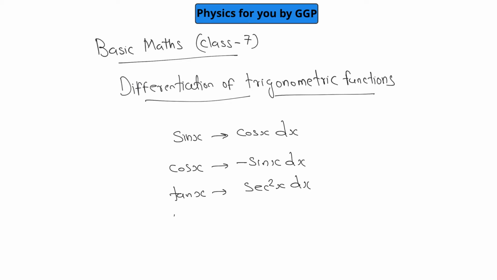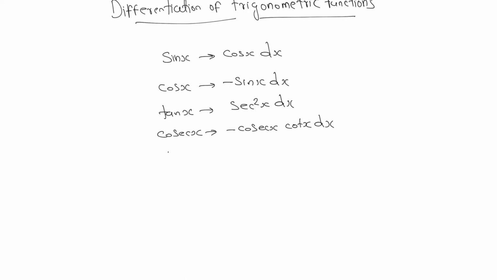Differentiation of cosec x is minus cosec x cot x dx, and differentiation of sec x is sec x tan x dx, and differentiation of cot x is minus cosec square x dx.